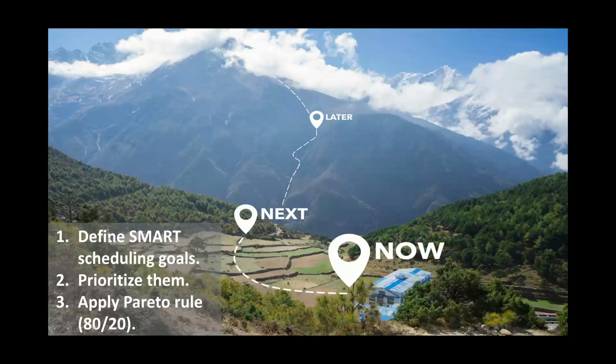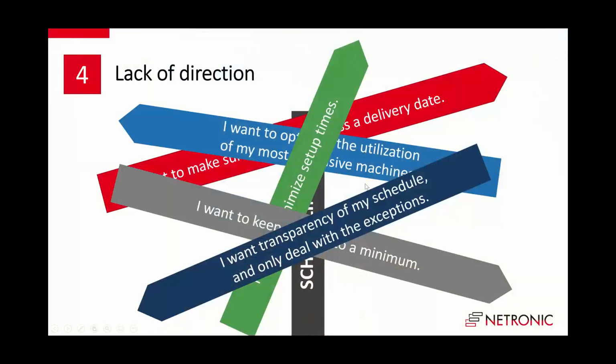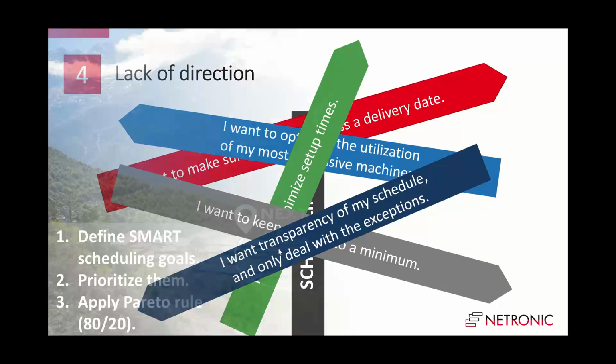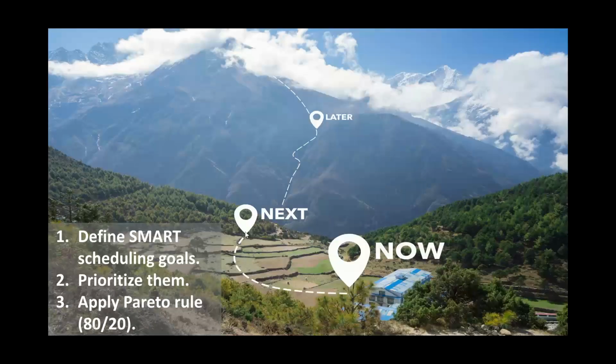So make sure you know where you want to go with the scheduling software, but avoid planning every step. Say, okay, I start with transparency on my schedule and dealing with exceptions. And this brings me from here to here. Then my next step is, now that this is clear, I want a mechanism in place that helps me give delivery time commitments better.